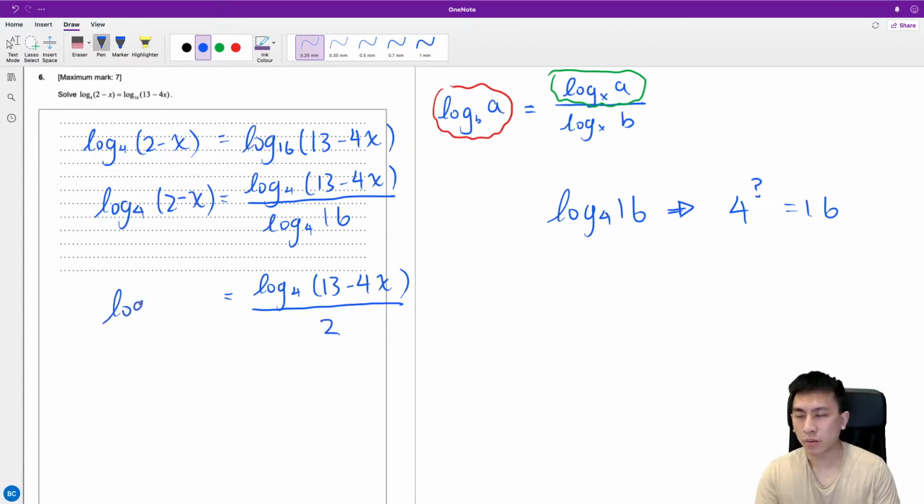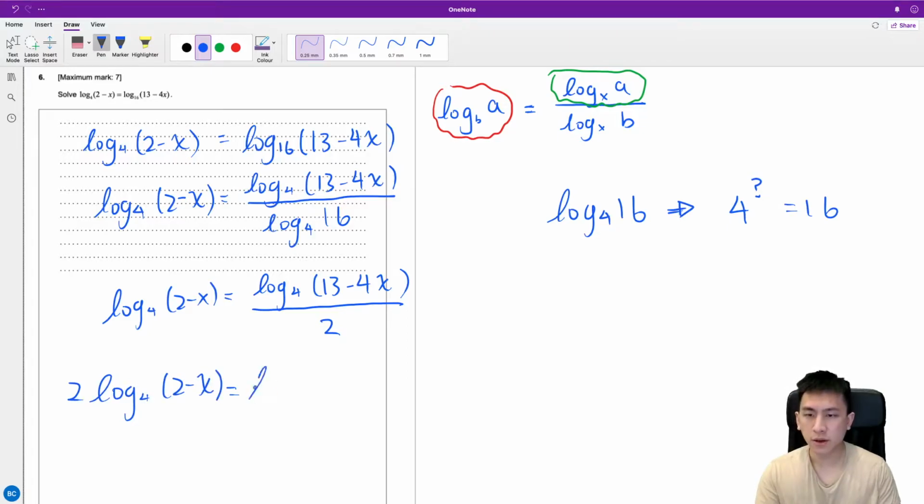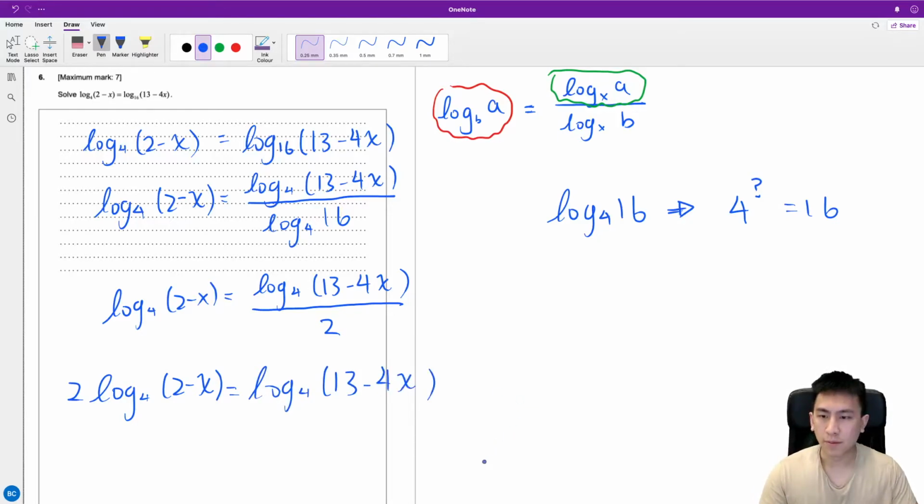And this is log base 4 of 2 minus x, and you can move the 2 over. That becomes 2 log base 4 of 2 minus x equals log base 4 of 13 minus 4x. Okay, at this point, you might be wondering what to do now. It's very tempting to just unlog everything, but you can't exactly do that yet.